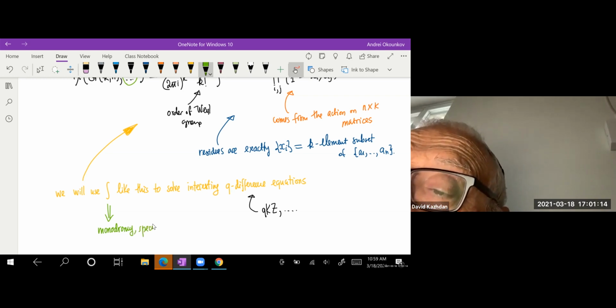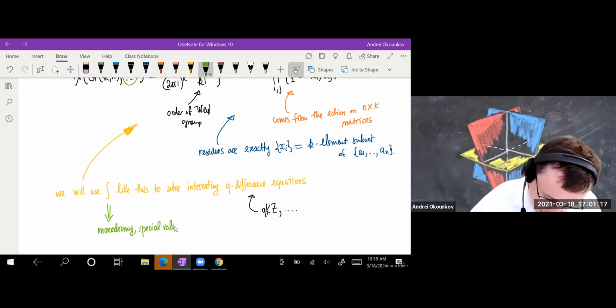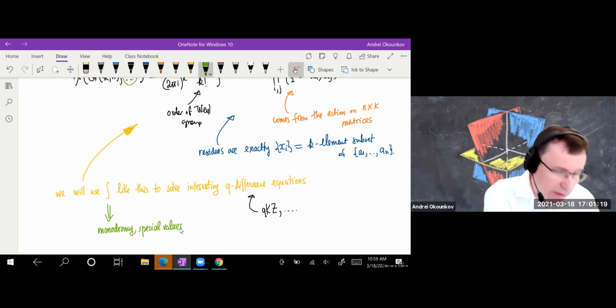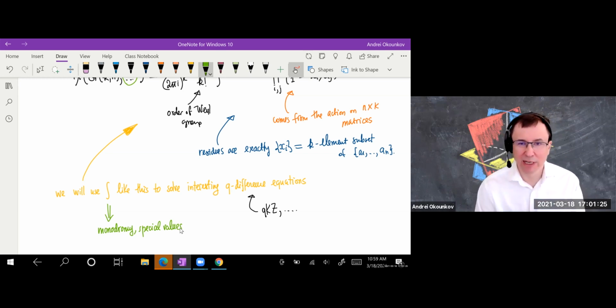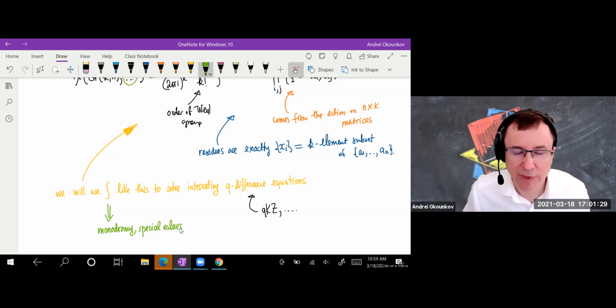The typical question about QKZ is to compute its monodromy. It means the typical physical problem: you have something defined in the neighborhood of one point that you'd like to compute in the neighborhood of a different point. In the world of Q difference equations, people call this transport monodromy.